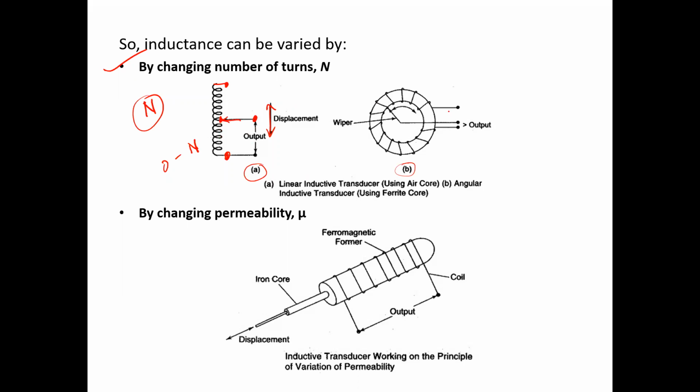Similarly, for an angular inductive transducer as well, there are two fixed terminals. Among these two fixed terminals, there are n number of turns in total, and it depends upon the position of the movable wiper, which in this case can rotate in a clockwise or anti-clockwise direction.